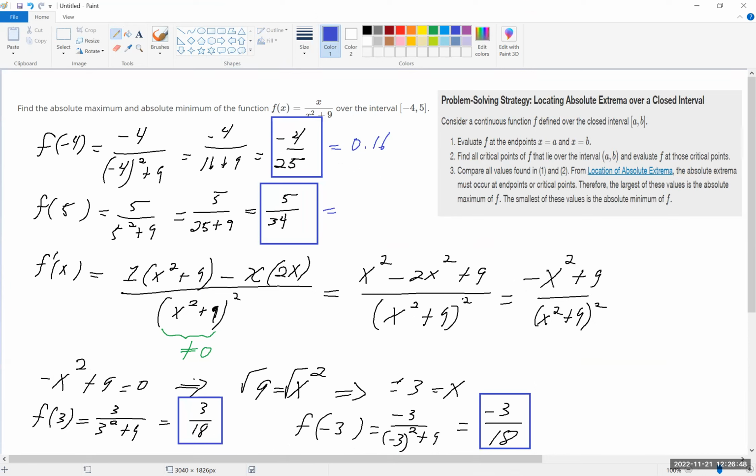Five over 34 is equal to 0.147 0588. And then 3 over 18 is 0.16 repeating.